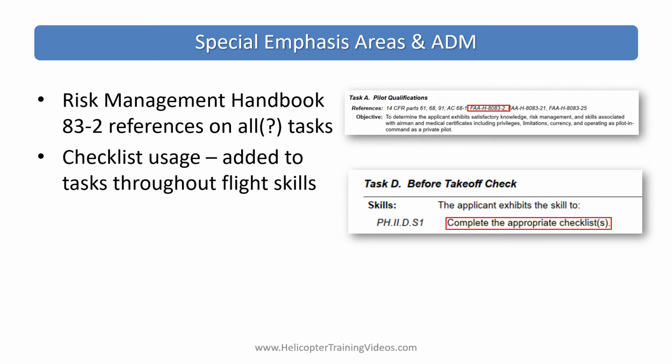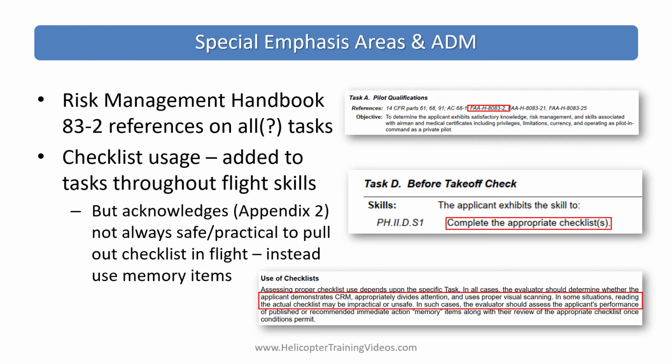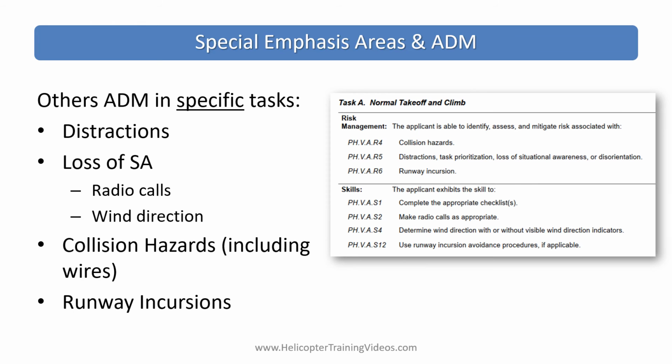Checklist usage is also blended through all the flight skills, but they also acknowledge in Appendix 2, which is the Safety of Flight Appendix, that it's not always safe and practical to pull out a checklist in flight, and instead the pilot's expected to use memory items. Other ADM in specific tasks, things like distractions, loss of situational awareness, radio calls, wind direction, collision hazards, including wires and runway incursions, they've all been pushed into individual elements of risk management and skills as they relate to specific tasks.